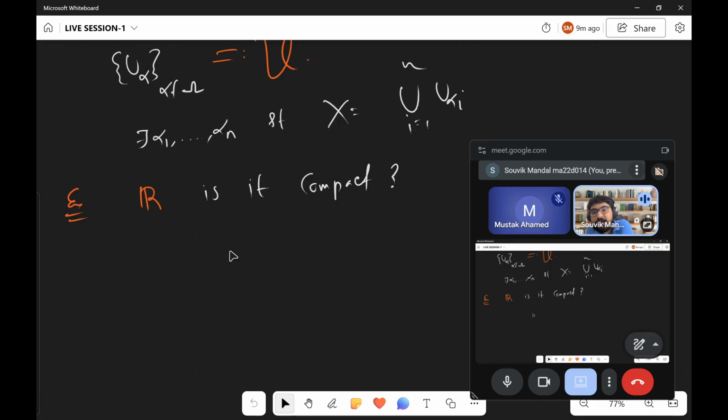Please do figure it out. That means either you show that any open cover has a finite subcover, or you show that there exists at least one open cover which does not have a finite subcover, right? In any way, please try to do it by yourself. Take your time.